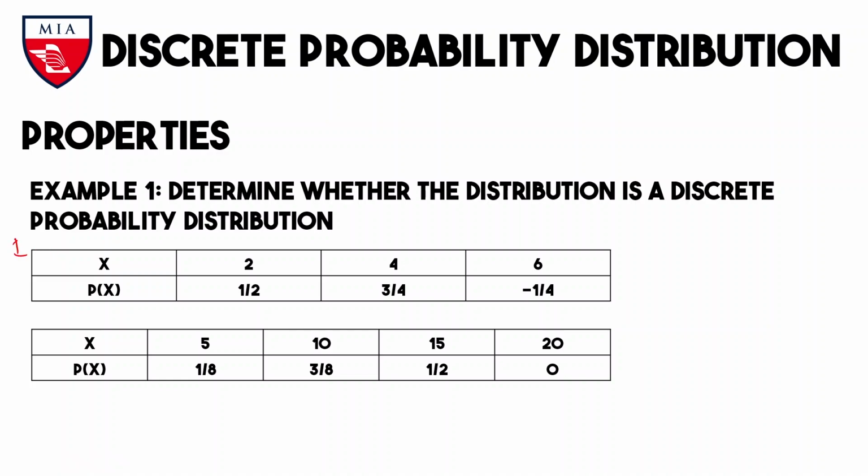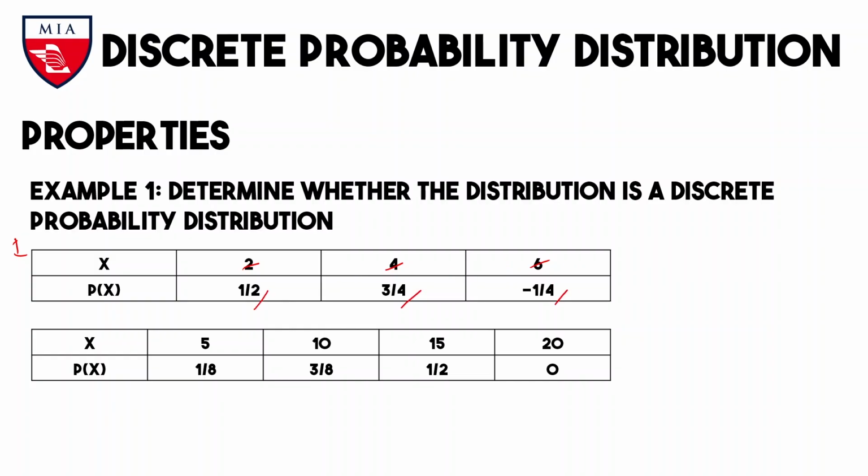We have the classes in the upper row and the probability in the lower row. The classes are 2, 4, and 6. The probabilities are 1/2, 3/4, and lastly negative 1/4.